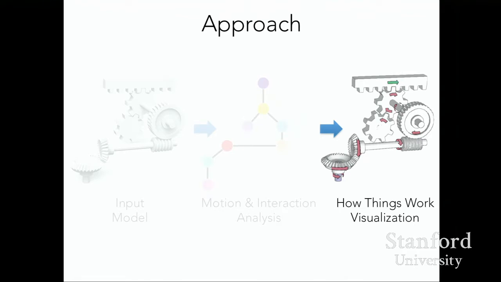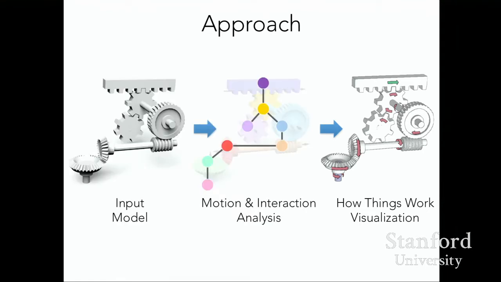Okay, so what does this have to do with mechanism design? After working on this project, it occurred to us that one thing we could try to do is turn this approach on its head and use that as an approach to helping people design physical objects or working mechanical objects.